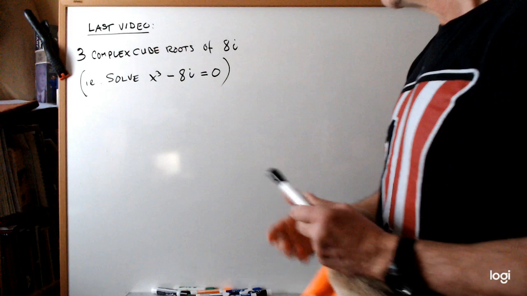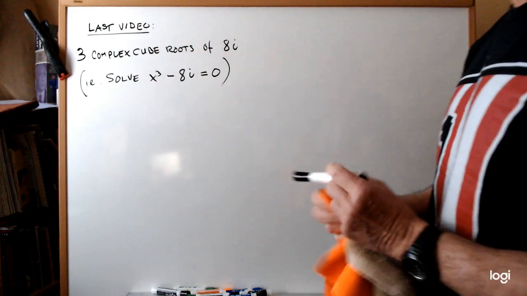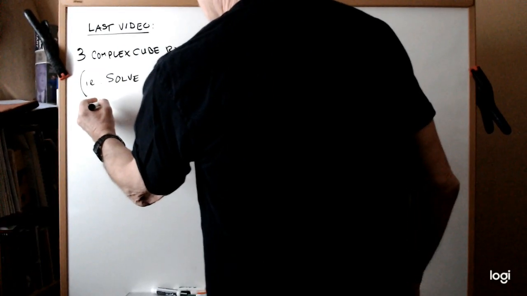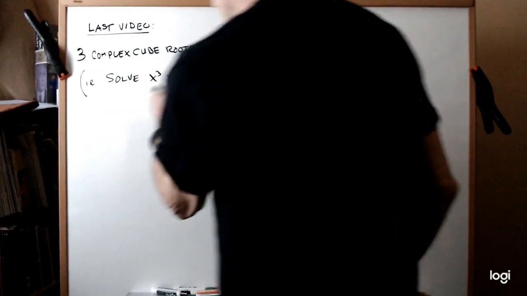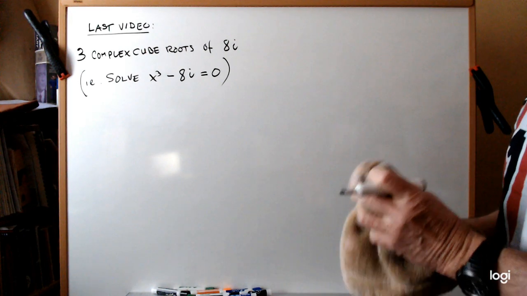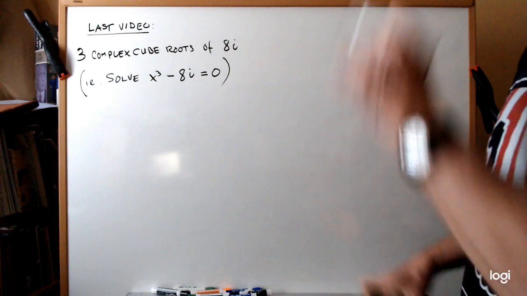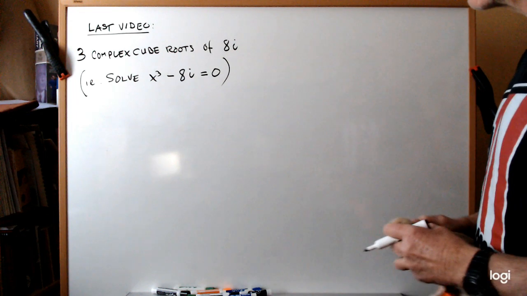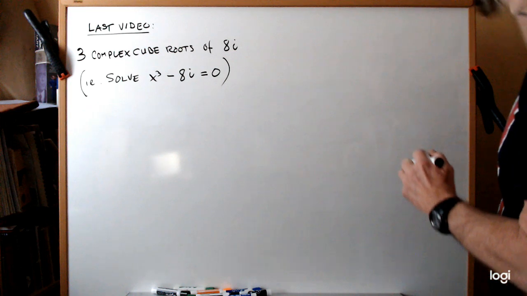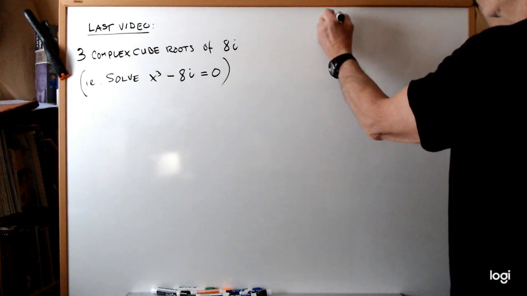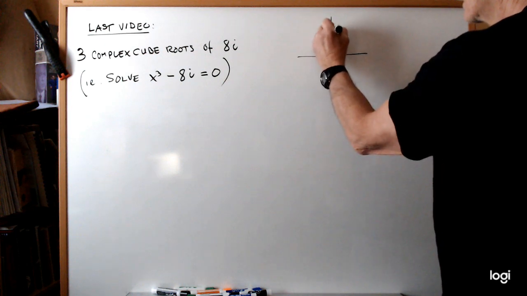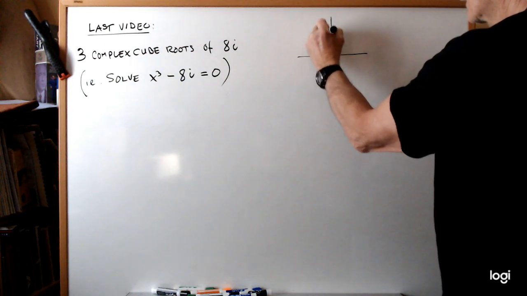equals 0, because if we moved it over, then we would get x cubed equals 8i, and we'd be looking for the cube roots of 8i. So what we're going to do is start by writing 8i in polar complex form. 8i, as you can see, would be right here.